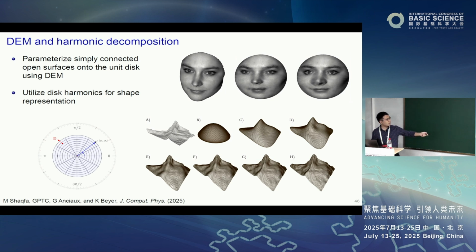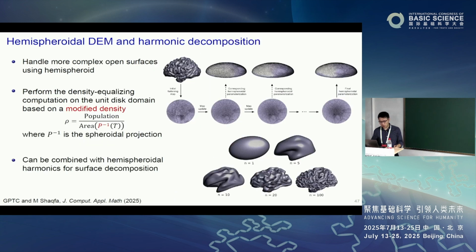For the simply connected open surface case, we can use the traditional disk density equalizing map to achieve these harmonic representations. Or if we want to handle some more complicated shapes, we can also develop something called the hemispheroidal DEM and hemispheroidal harmonics that help us handle more complicated shapes for which it may not be the most suitable to handle things on the plane.